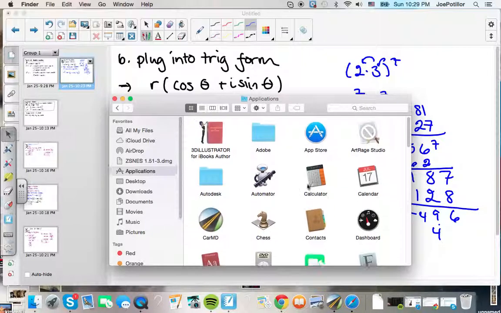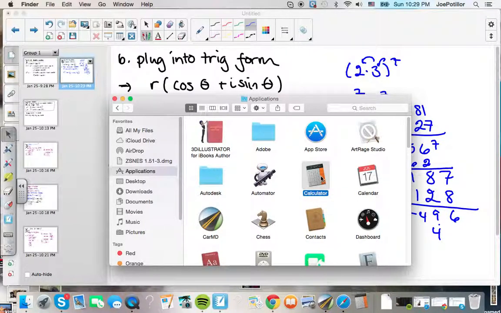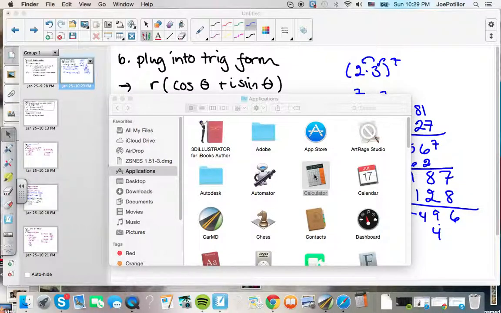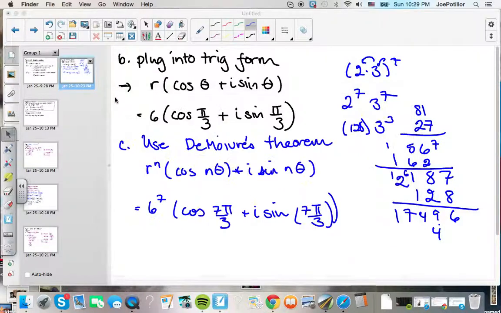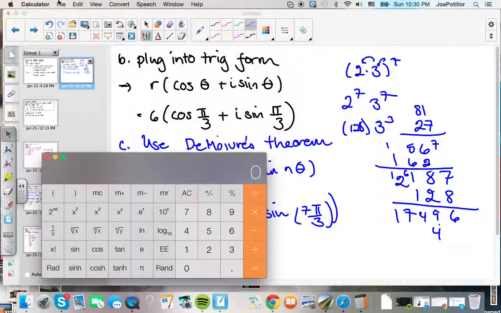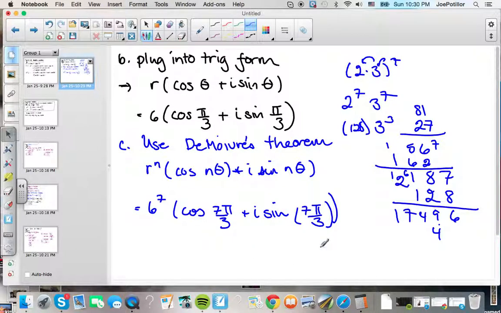And 6 to the 7th power should be a little bit. Yep. 6 to the 7th is 279,936. So, I should have known that, but that's what I get for being tired.